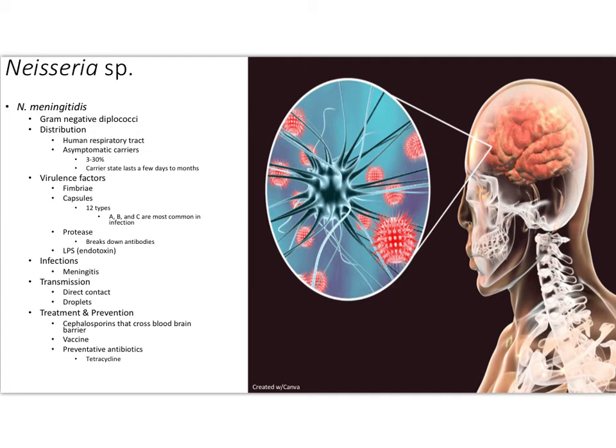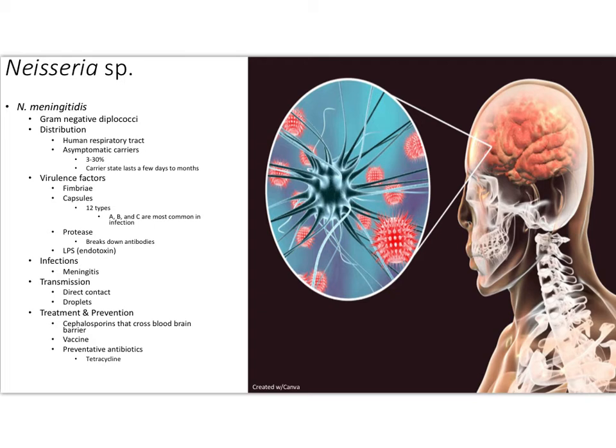And remember, in addition to just being able to break down the antibodies, because there are so many different capsule types, that complicates things for us even further and makes it even more difficult for our immune system to deal with this bacteria.